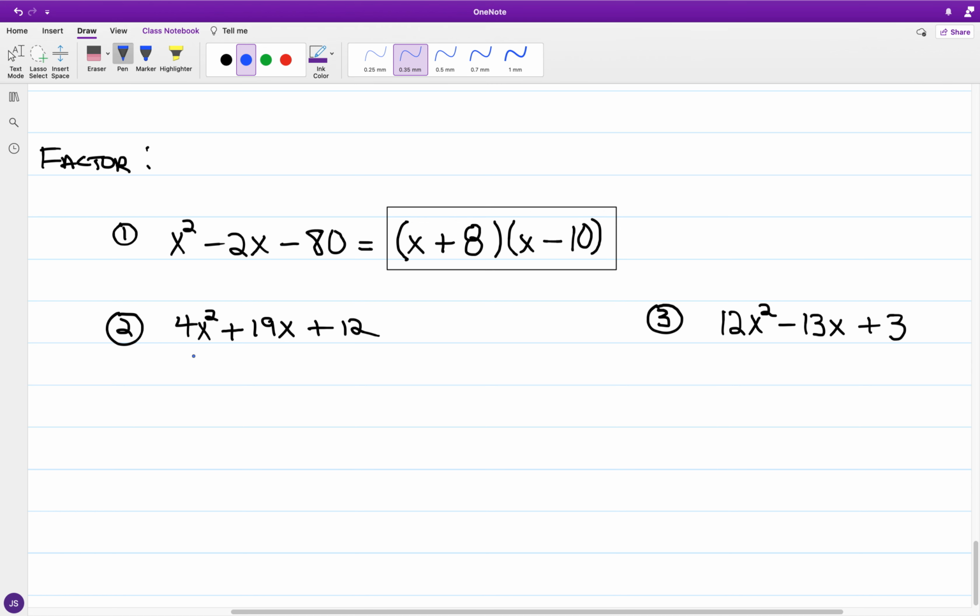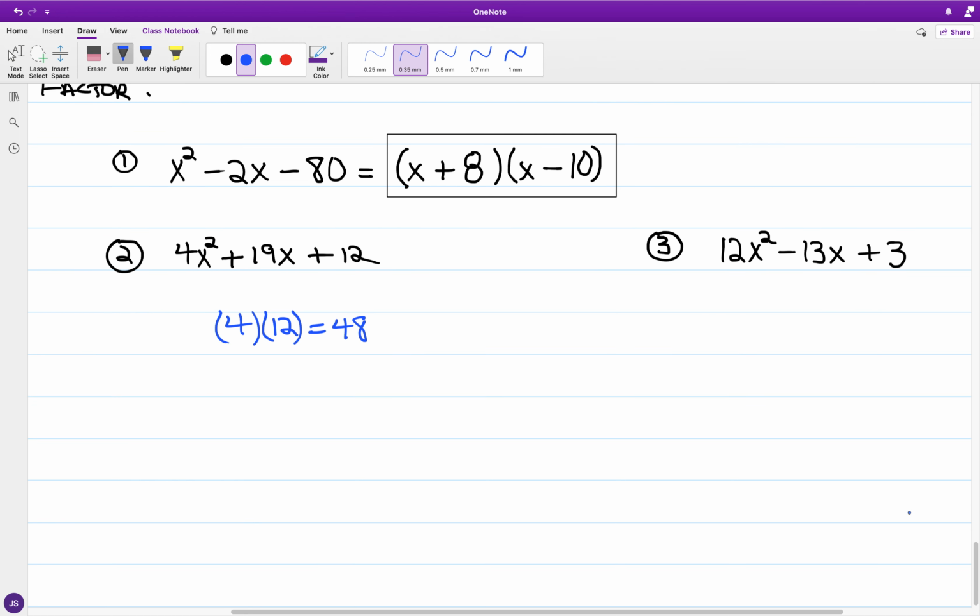If I look at factoring by grouping for 4x squared plus 19x plus 12, I multiply the first and the last coefficients, so 4 times 12 is going to be 48. And I look for factors of 48 that will add up to the middle number, 19.